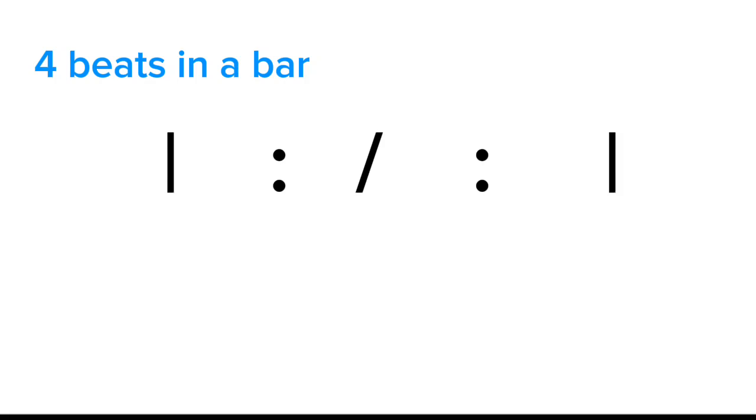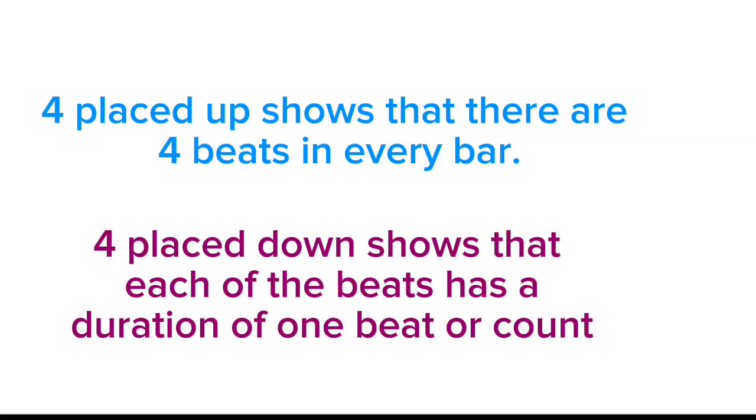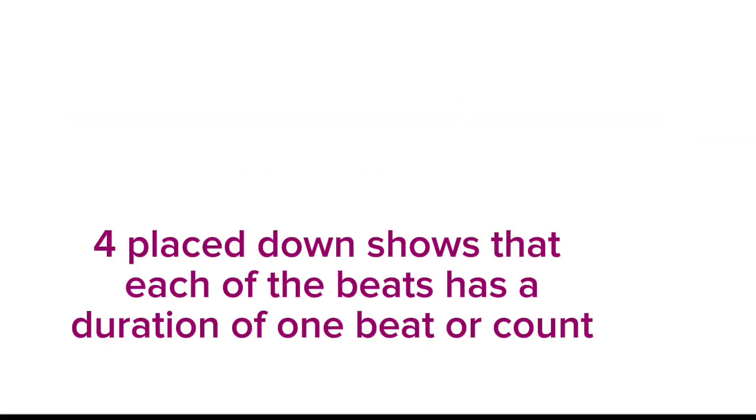How do I mean? For example, if we have a time signature written 4/4, that is 4 up and 4 down. The 4 up tells us that in every bar there are 4 beats. Then the 4 down tells us that each beat contained in that bar is a crotchet. That is, each beat should count as 1.